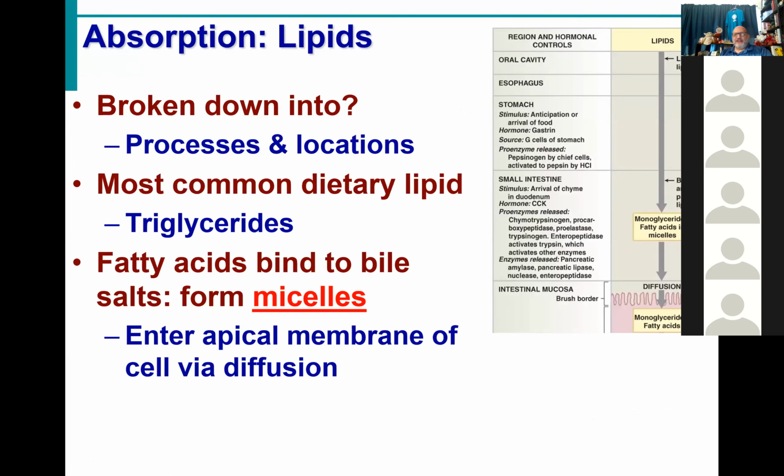And again, those triglycerides are broken down into fatty acids and alcohols. They mix with the bile salts to form those micelles, and the micelles enter the apical membrane just via diffusion. Simple diffusion. No proteins are needed because they're lipid soluble.